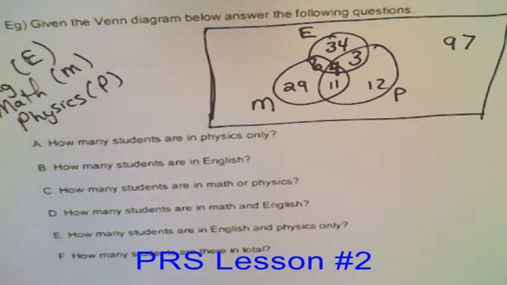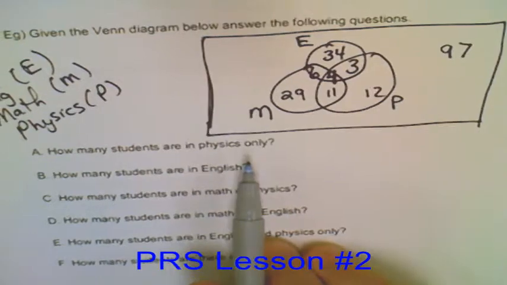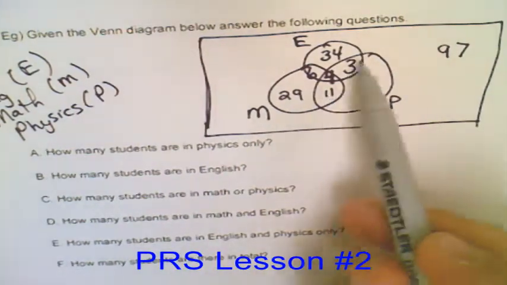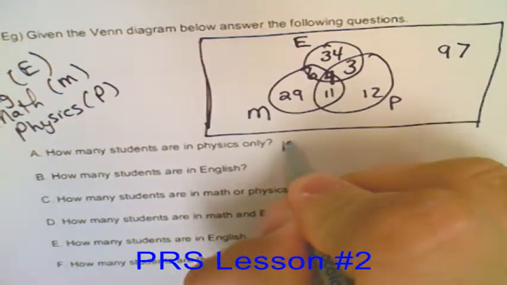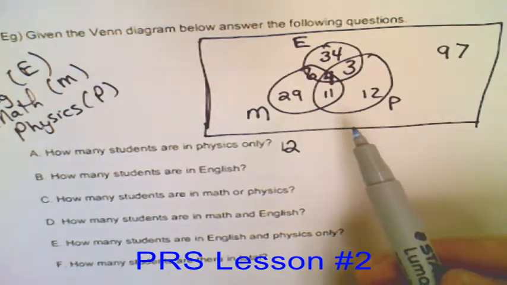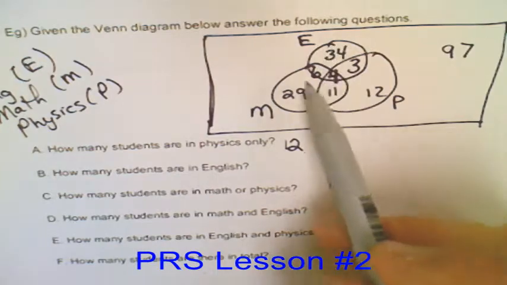Now looking at this is my universal set. Numbers that I've got are 97 here, then 34, 6, 4, 3, 29, 11, and 12. Okay? Context from this, these are the number of students enrolled in these courses.